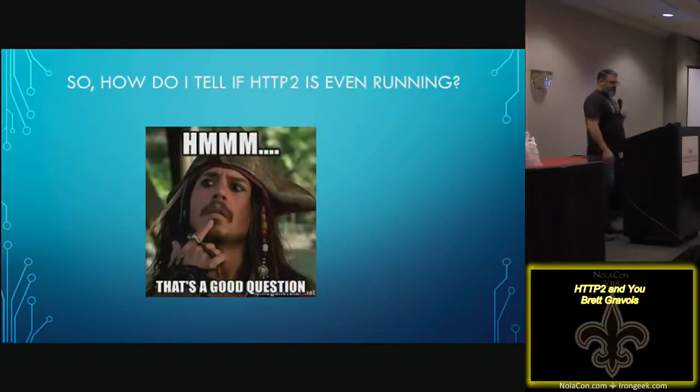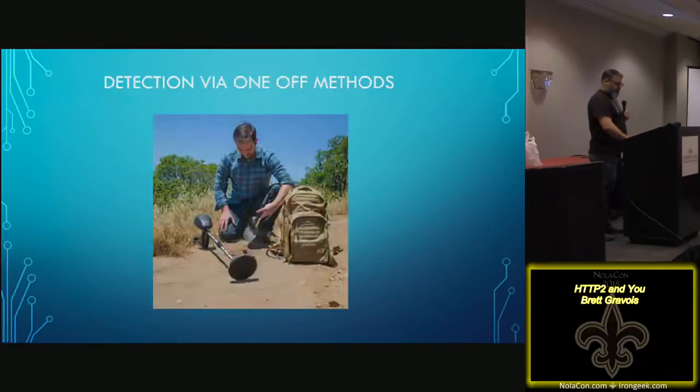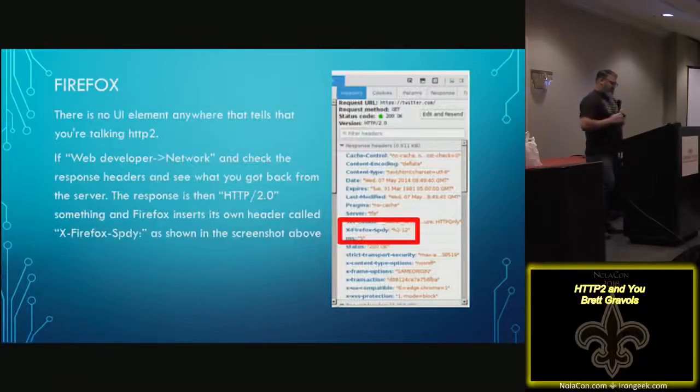Really, how do I tell if HTTP2 is really running? Your browser's not going to tell you. There's no browser extension, there's no magic green lock or blue lock that says, hey, I'm using HTTP2. So we'll go over detection via one-off methods. If you go to a page, you can use Firefox developer tools.